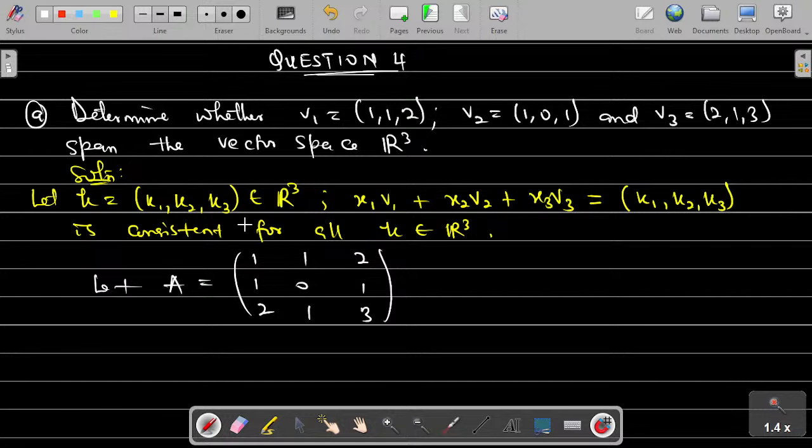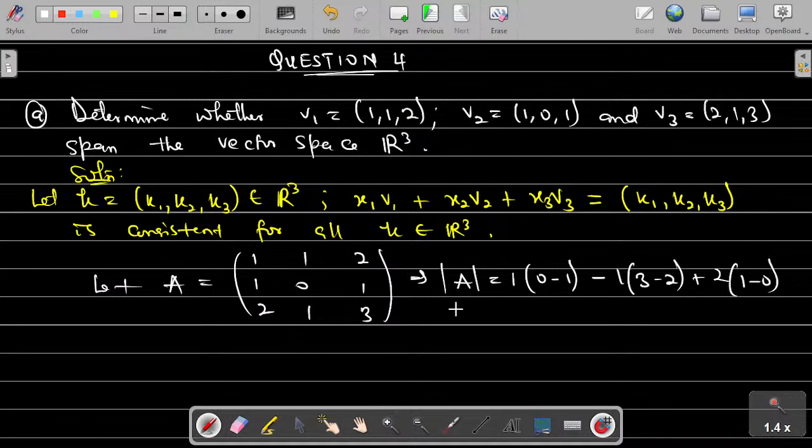By the time you determine the determinant of this particular A, this implies that the determinant of A is equal to 1, of course you pick this, multiplied by the determinant of this, which is 0 minus 1, and then minus 1 here, into this other one, which is 3 minus 2, and finally plus 2, into 1 minus 0.